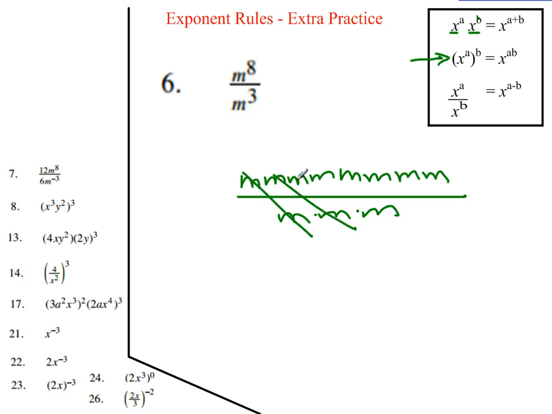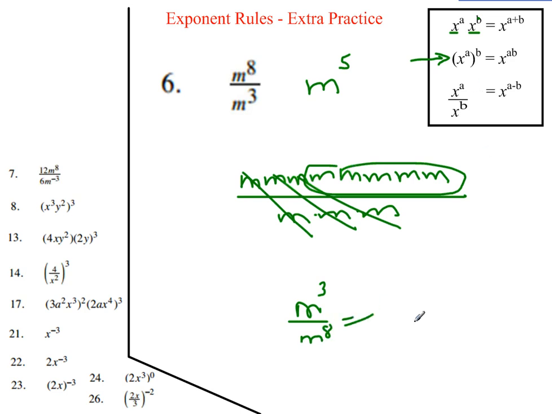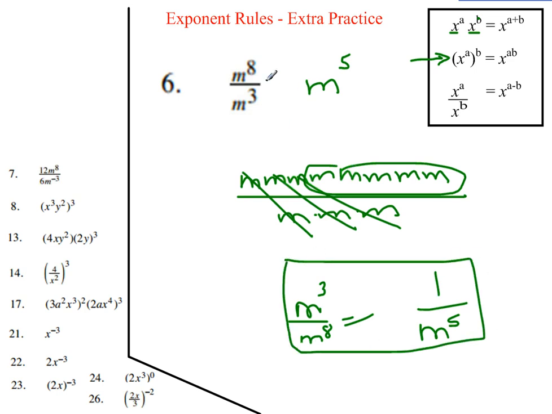We can cancel like this, and you're left with 5 m's. Okay, it's not 5 m's, it's m to the 5th power, because we're multiplying, not adding. And the m's are on top. That's important because if this was flipped, if this was m cubed over m to the 8th, we still subtract, but we're going to end up with 5 m's on the bottom, not on the top. So this problem would have been like this. But this particular one that they gave us is just m to the 5th power.